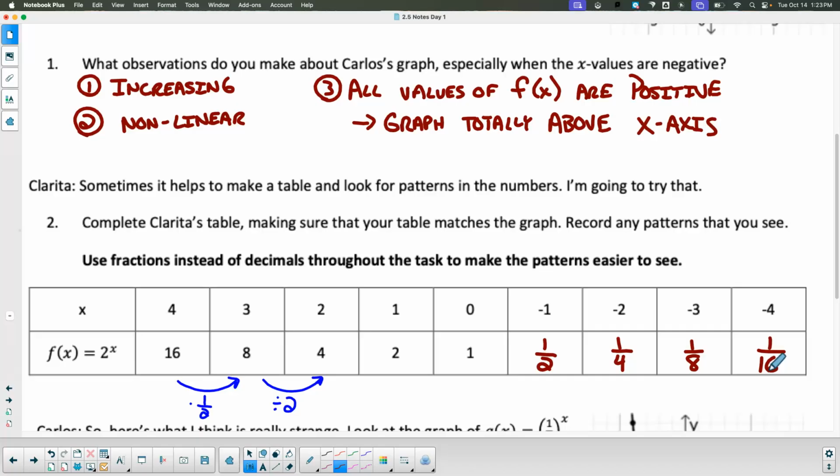So a positive divided by a positive is positive. Could it ever be negative? No. That's why it would never be negative, right? We could flip that around to multiplication too, right? A positive times a positive is always positive. So it's never going to be negative. It's going to get smaller and smaller and smaller, but it will never be 0 and will never be negative.